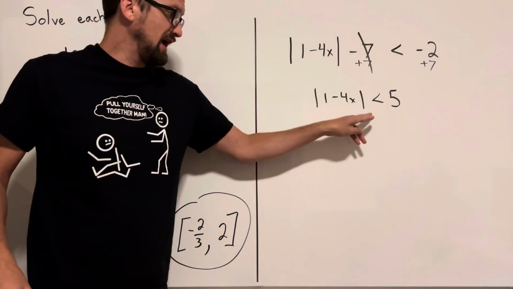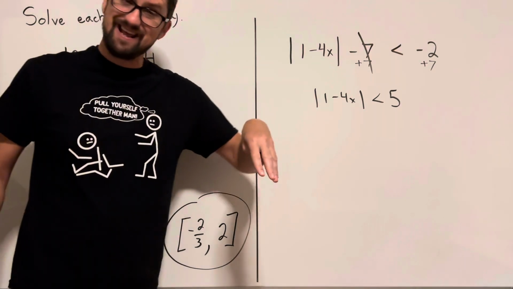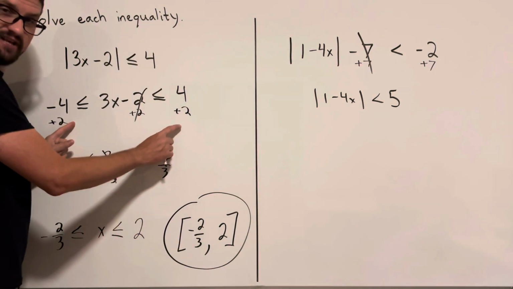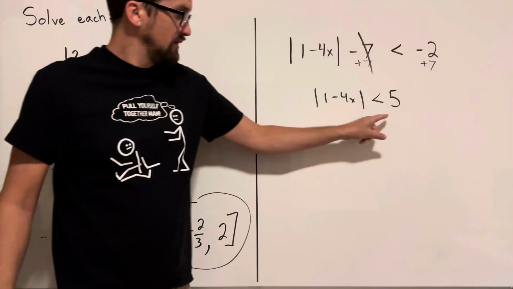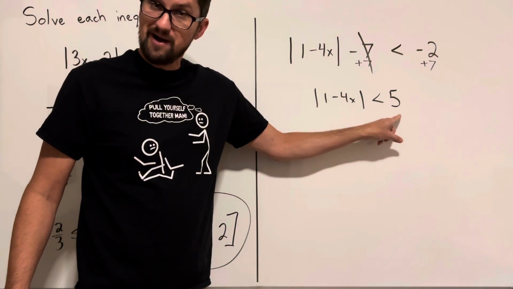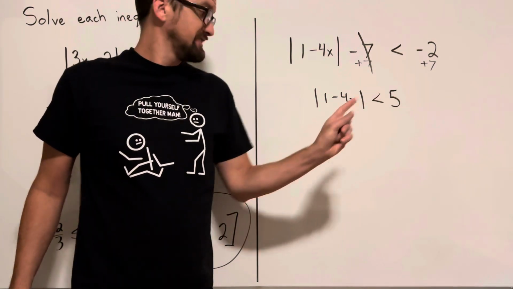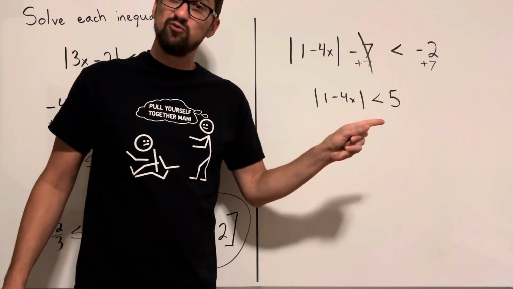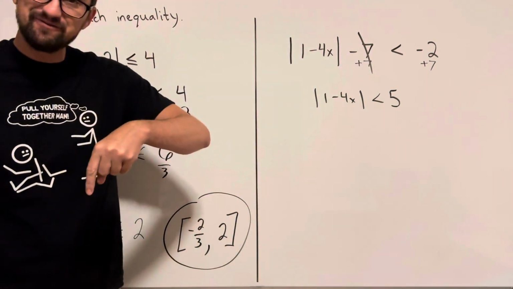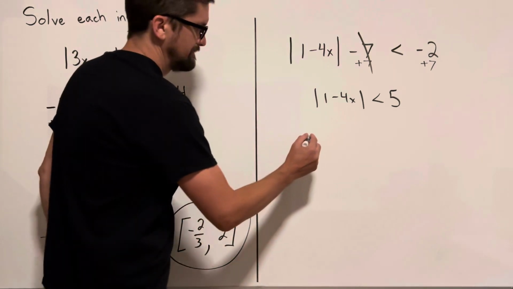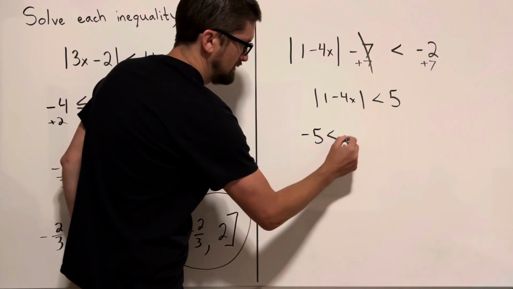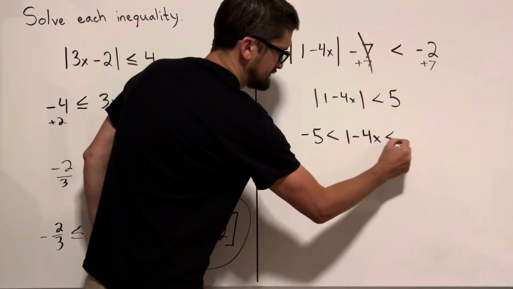All right, again, we have a less than. So we're going to do this setup where we're going to go between the negative of this number and the positive of this number. This number is 5, so this inside piece, this 1 minus 4x, is going to be between -5 and +5. So you can write that like this.